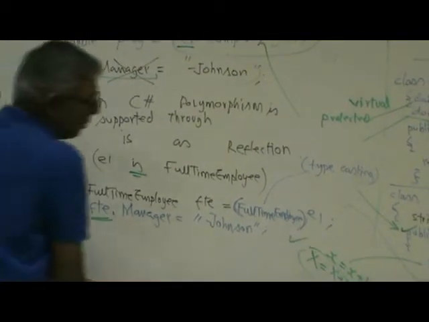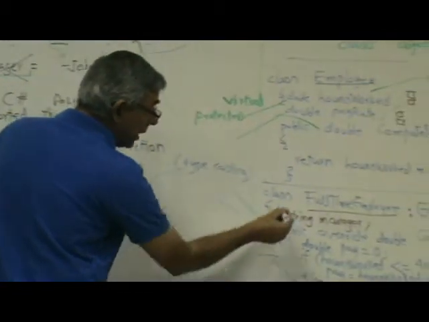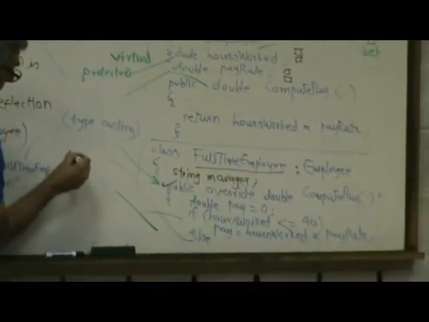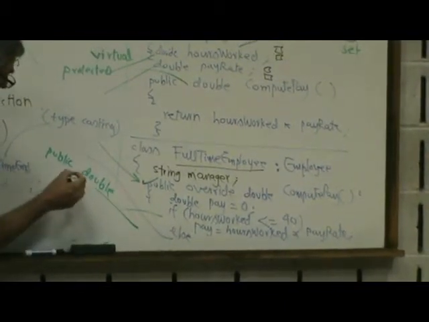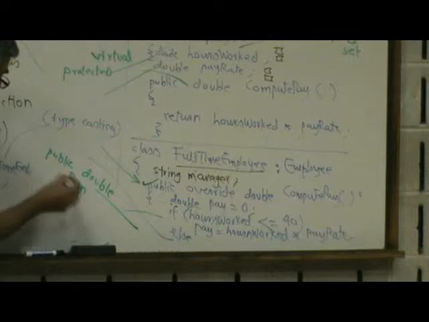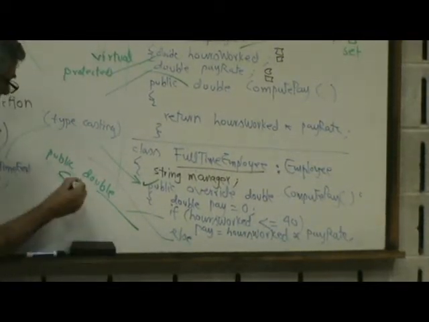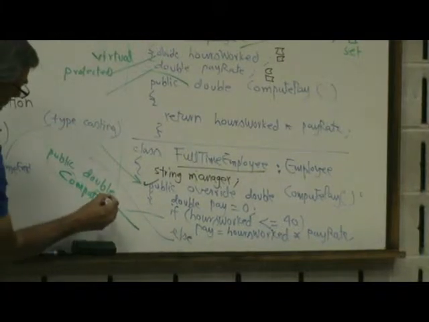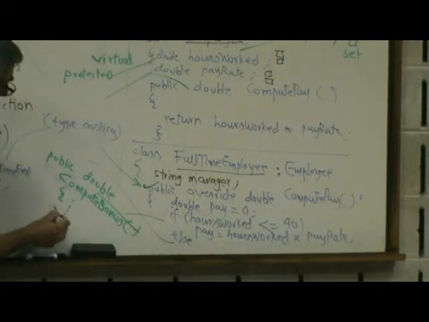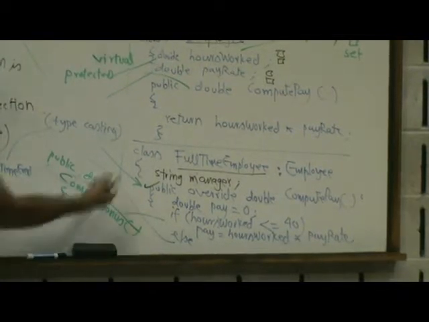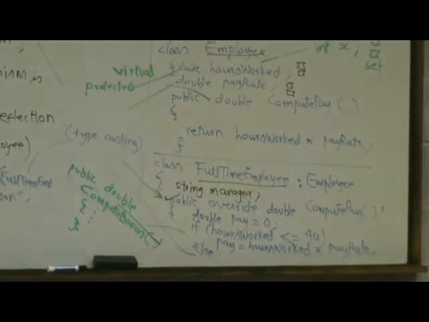So let's pretend over here in the full-time employee class, we also have one method, public double compute bonus. Whatever the code is. And remember, this does not exist in the employee class. So how will we call this compute bonus?